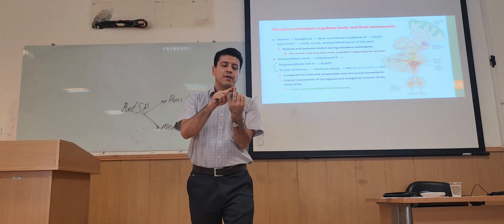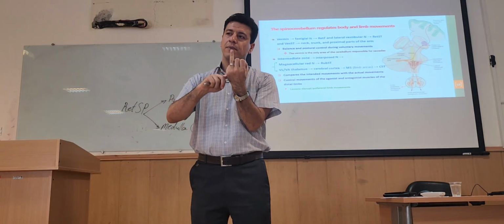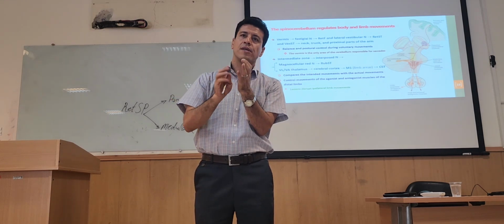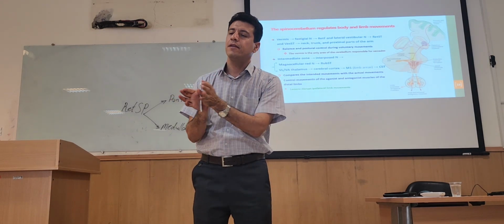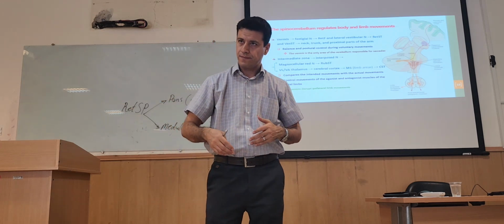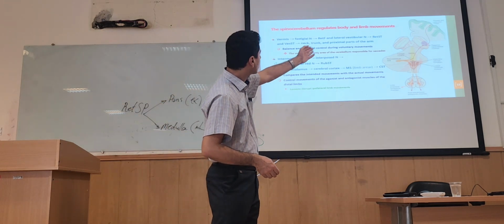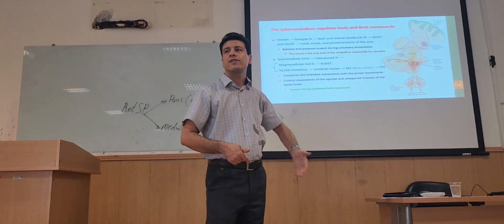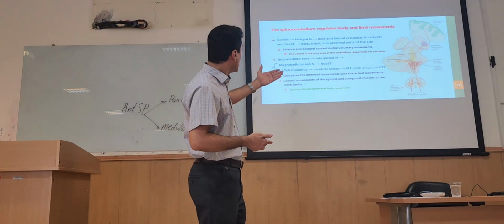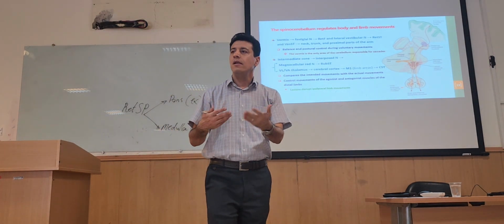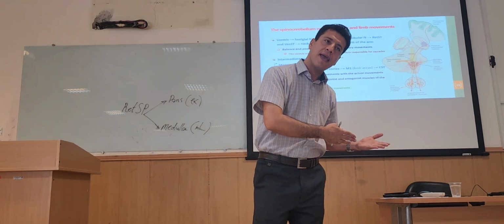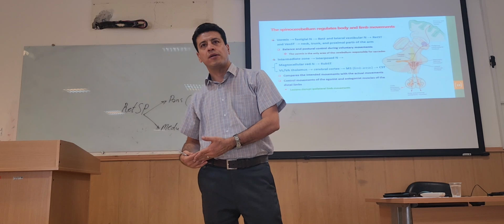So the spinocerebellum has two parts, the vermis and the intermediate zone. The vermis controls medial descending pathways like the lateral vestibulospinal tract and reticular formation. But the intermediate zone mainly controls the rubrospinal tract and corticospinal tract.